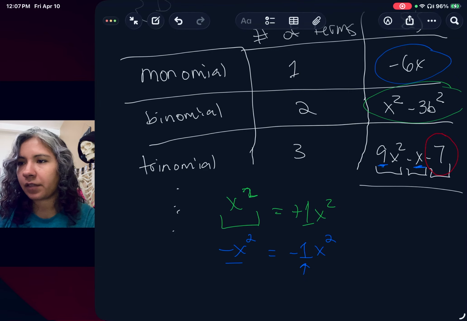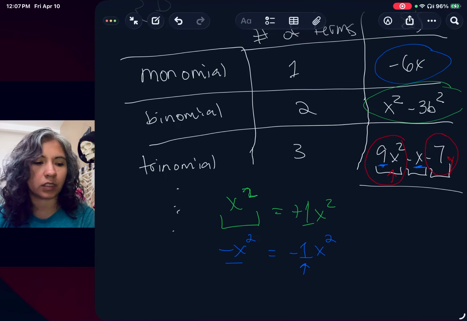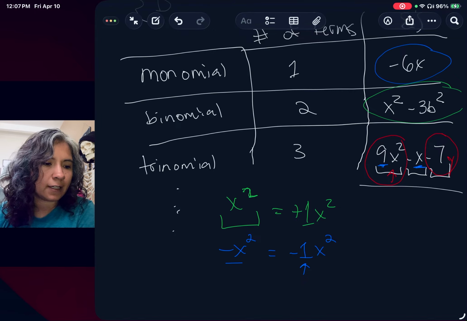Like if x on this one is 2, then it would be 2 squared, which is 4. 9 times 4 is 36. So that would change this whole part, right? Since there's not a variable or a letter like y to multiply it by, it doesn't change. So this would be constant.